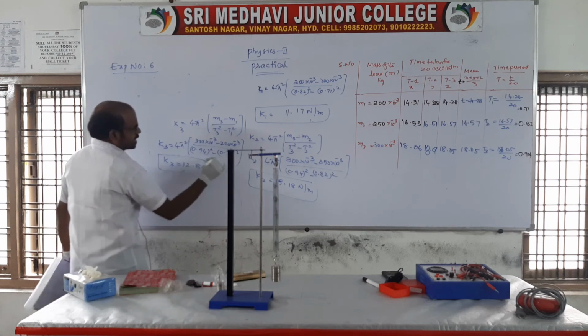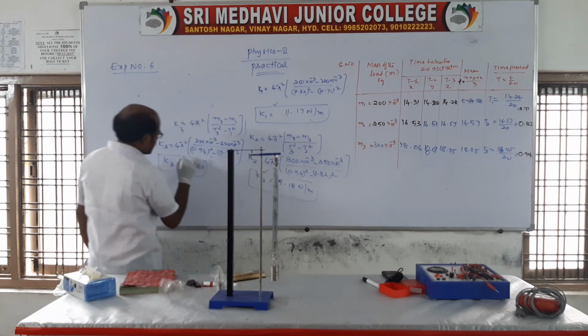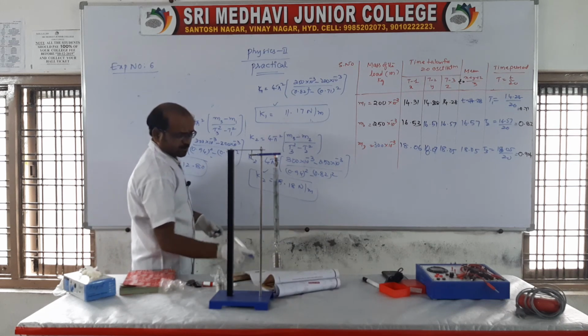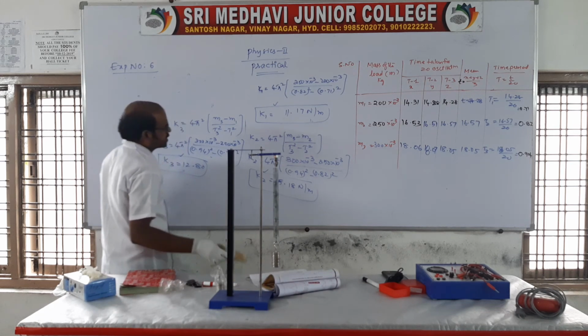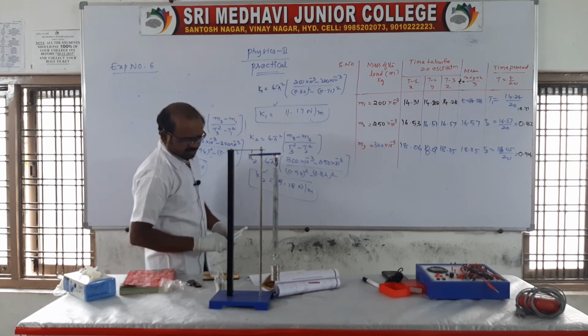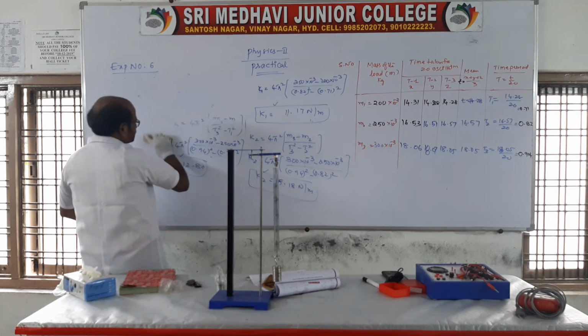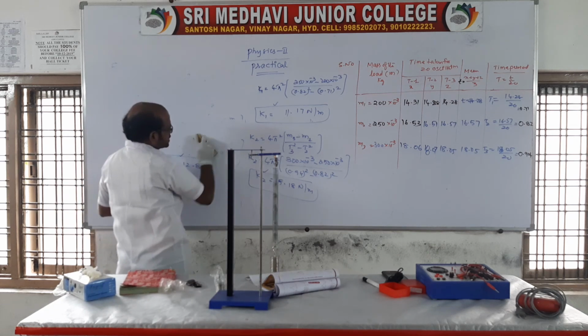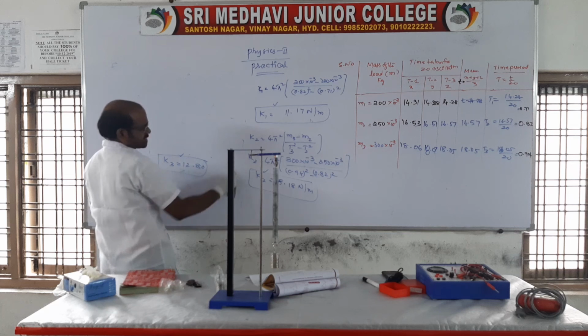Now we know K1, K2, and K3. We need to find the approximate spring constant. Therefore add K1, K2, K3 and divide by 3, and we get the final answer. This is actually the force constant of the spring.